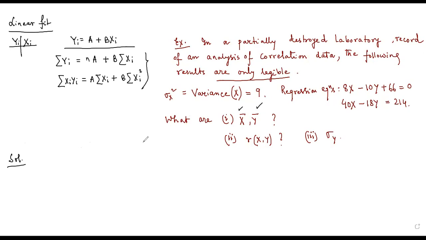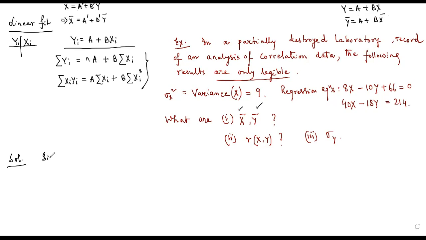It happens with the regression equation of Y on X. It also should happen with the regression equation of X on Y. Because if you have the regression equation of Y on X as Y equal to A plus BX, this needs to be true. Not only that, if you have the regression equation as X equal to A prime plus B prime into Y, then this also has to be satisfied. That much information we know.